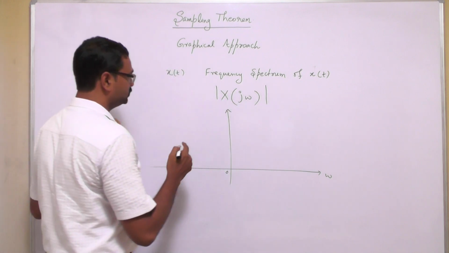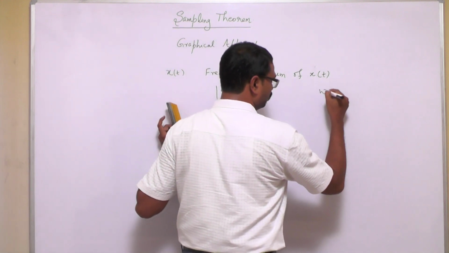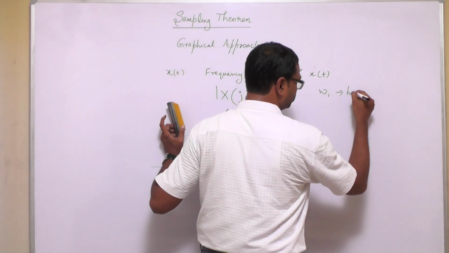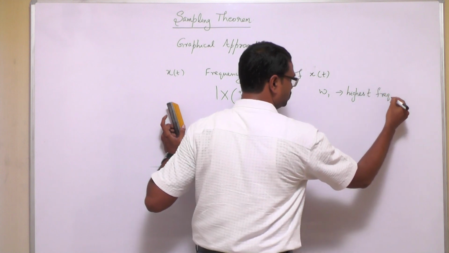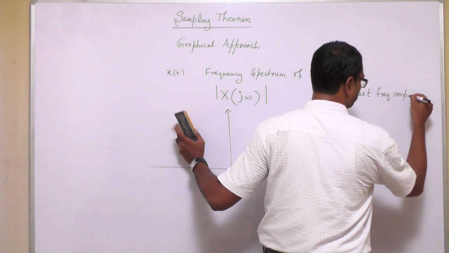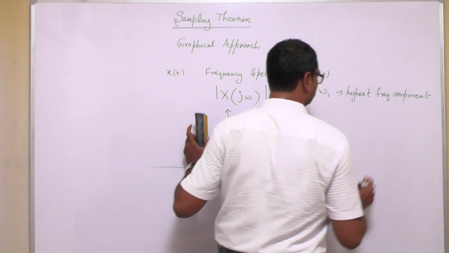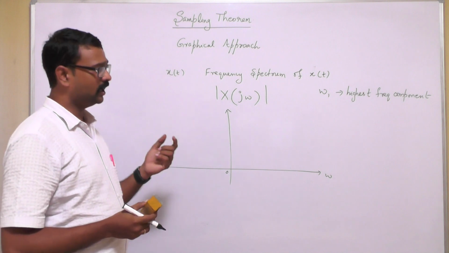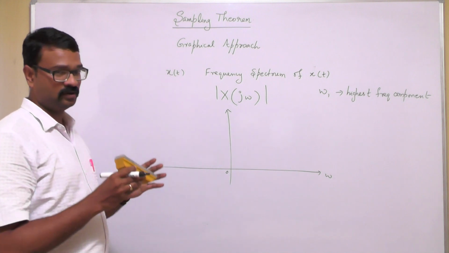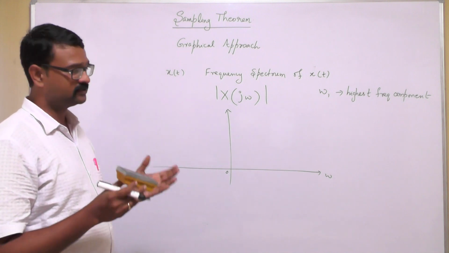For this, let me say we have omega 1 as the highest frequency component, and any remaining frequency components existing in x of t or x of j omega are less than omega 1. Therefore, we are only considering the highest frequency component.